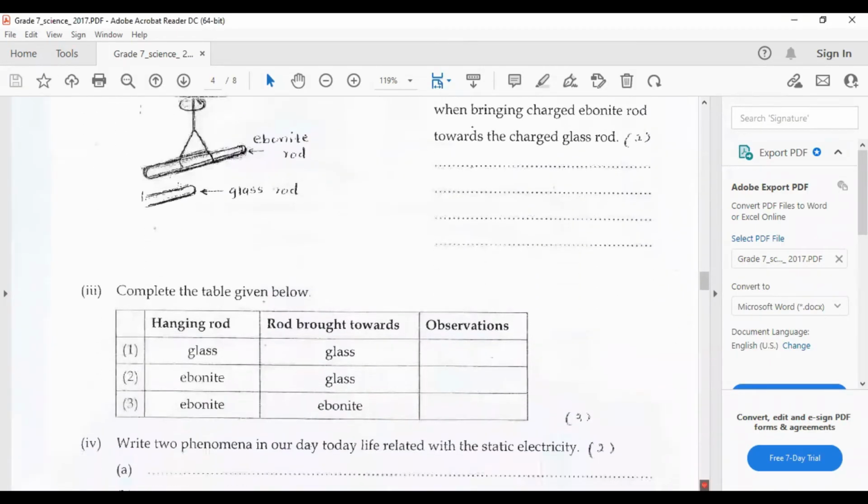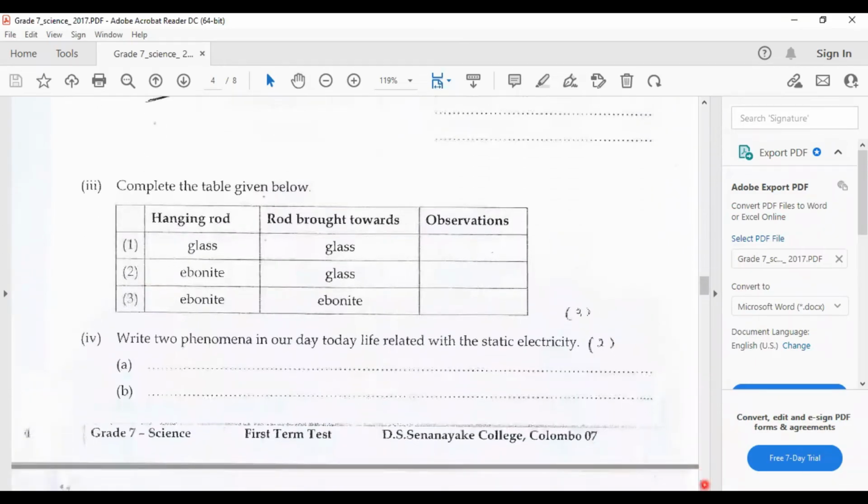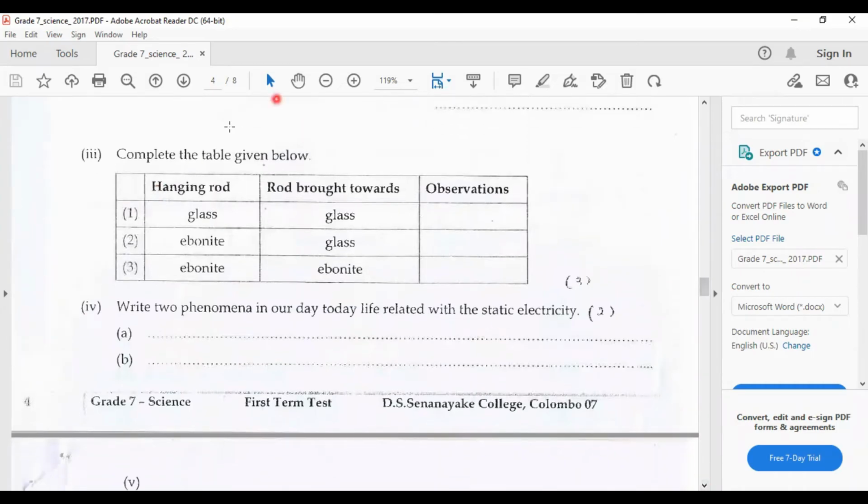Third one, complete the given table. The hanging rod and the rod brought towards it are given, and you should write down the observation. Always the same charges repel and the unlike charges attract each other. So here the glass and glass, the two things are charged with positive charges.